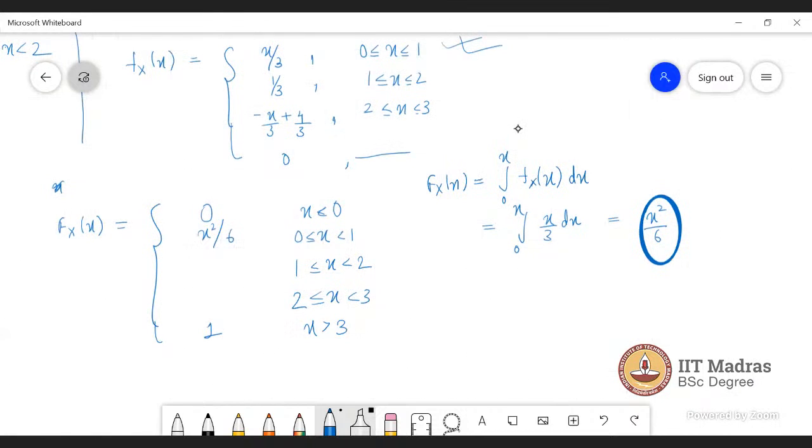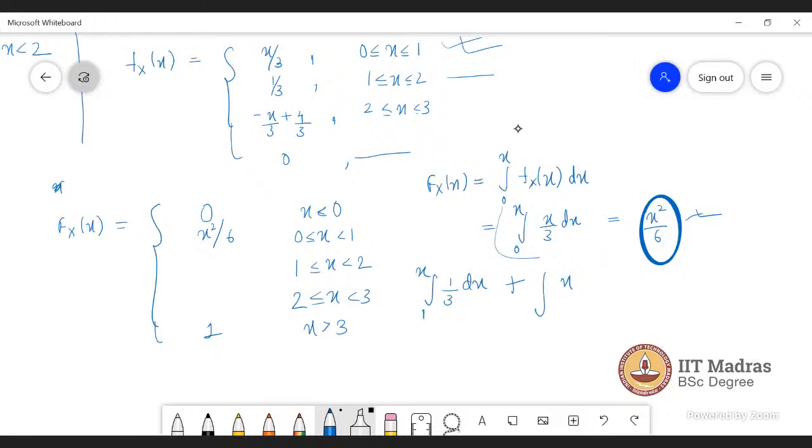Now, if we want to find for the interval x lying between 1 to 2, then you will have to do the integration of f(x), which in this case is 1 by 3 dx, from 1 to x, plus the previous interval.